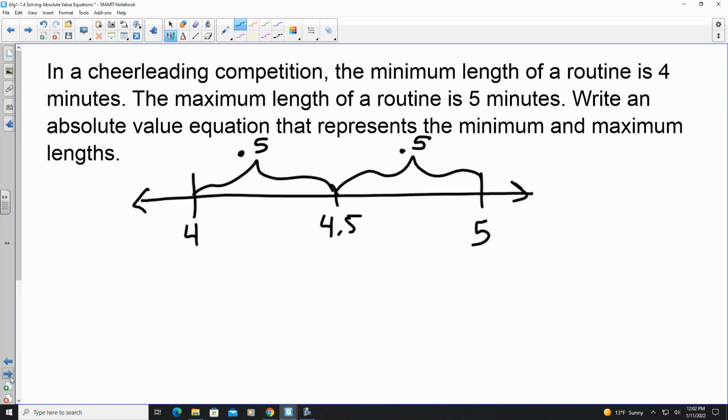So using that as our representation for this equation, x is going to be equal to the amount of time you spend on your routine.